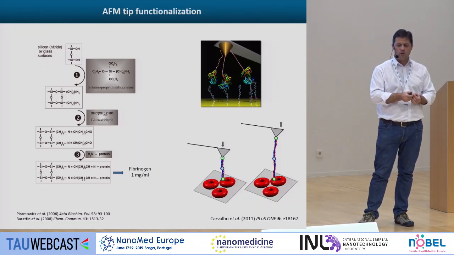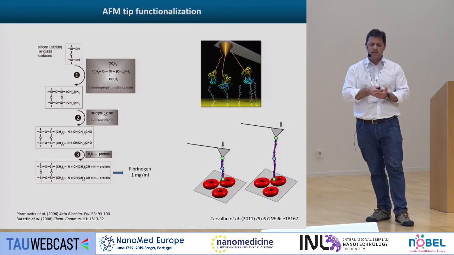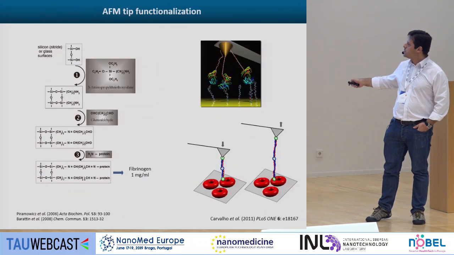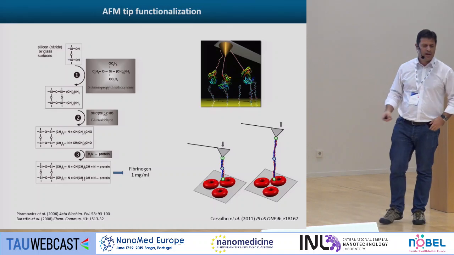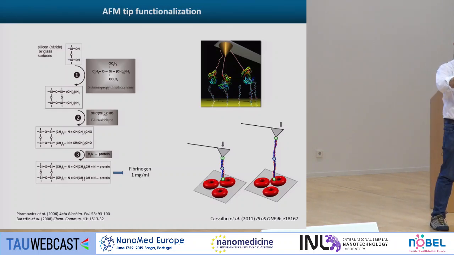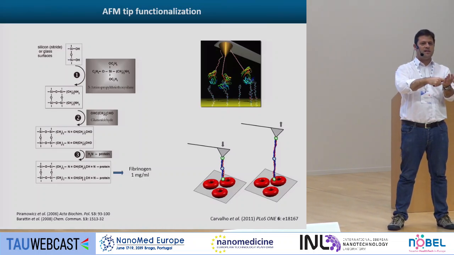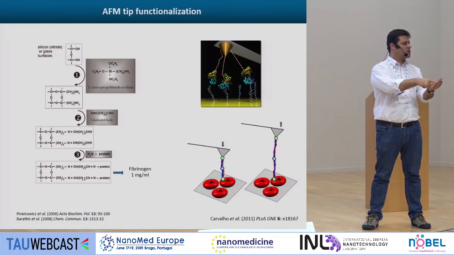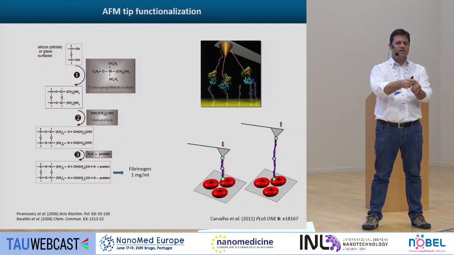So in this case, what we do is that we covalently attach a protein, in this case fibrinogen, to the tip of the AFM, and then we go tapping on the surface of the cell, using the fibrinogen molecule as a bait to fish for its receptor, fish for interaction on the surface.